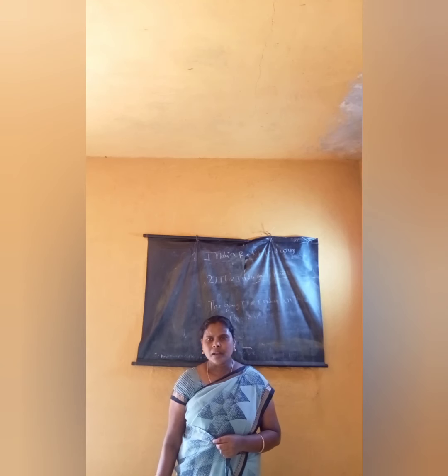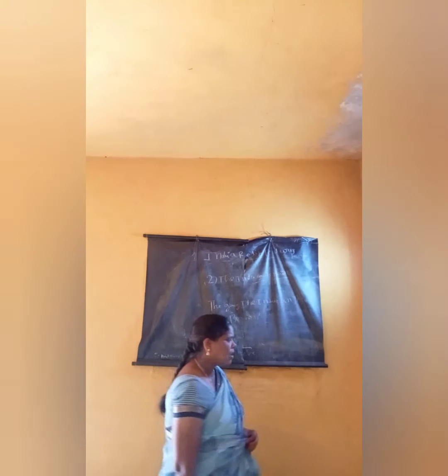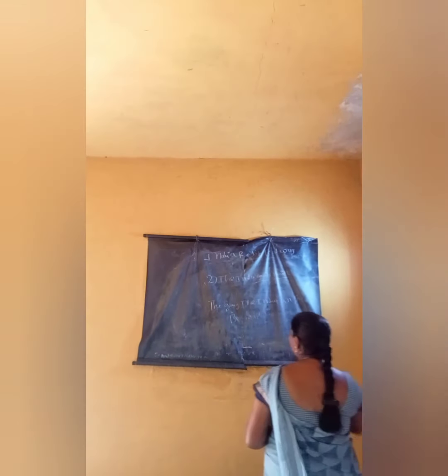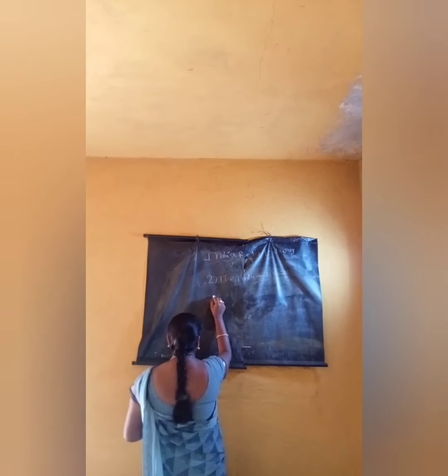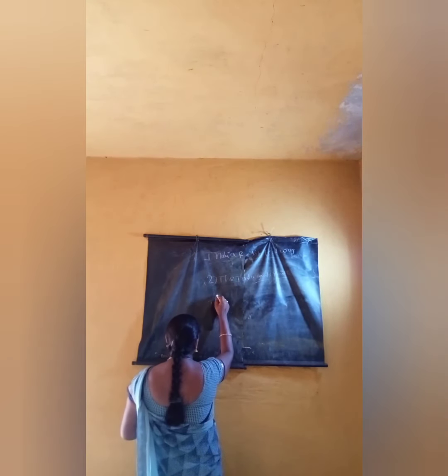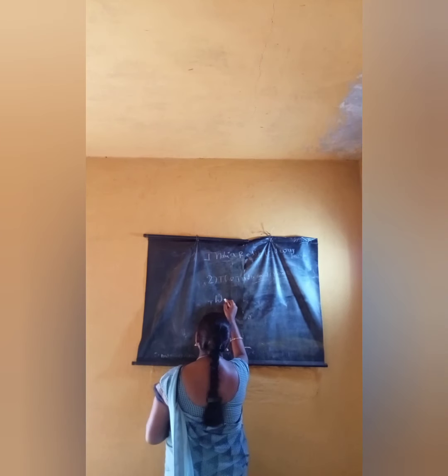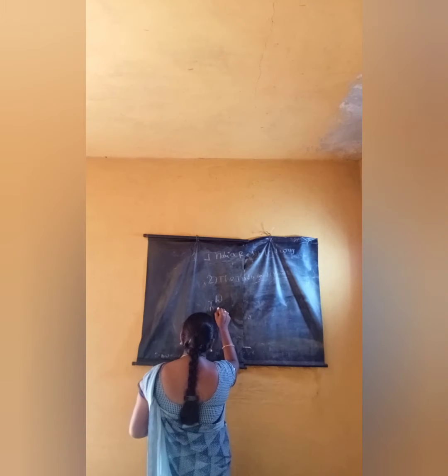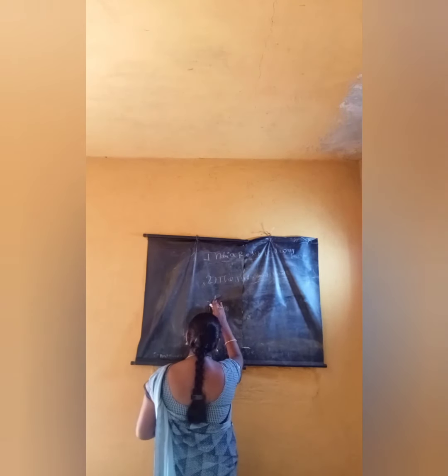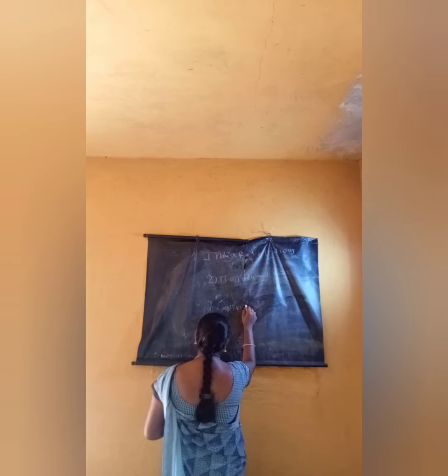The Indo-Gangetic Plains are divided into 3 parts. How many parts? 3 parts. What are they? Number 1, the western part.